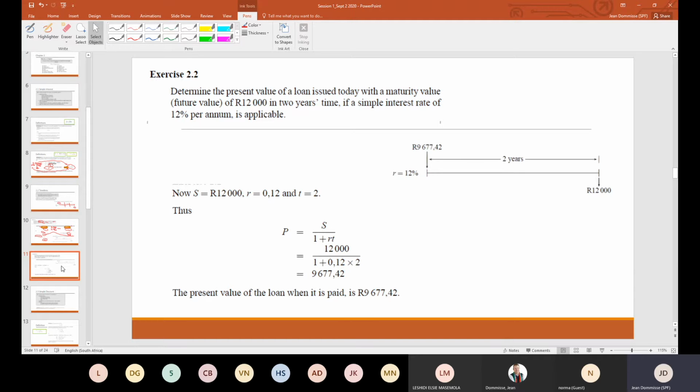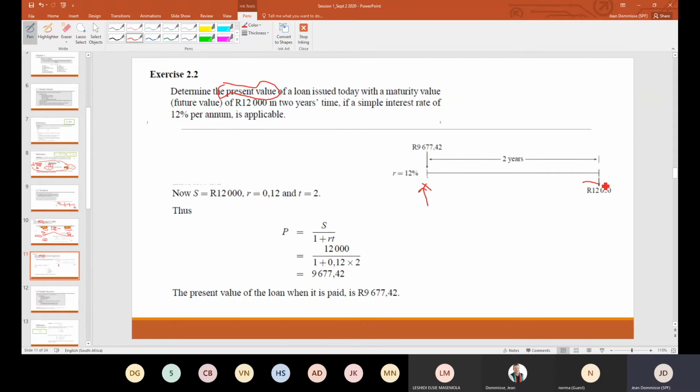So they ask us to work out the present value. By asking that, they basically tell us that we need to find that value. So yes, this now is the value that I already calculated, but they basically want us to work out that.